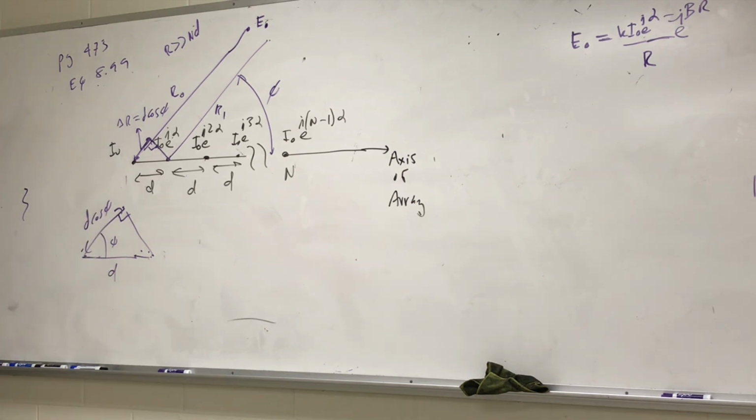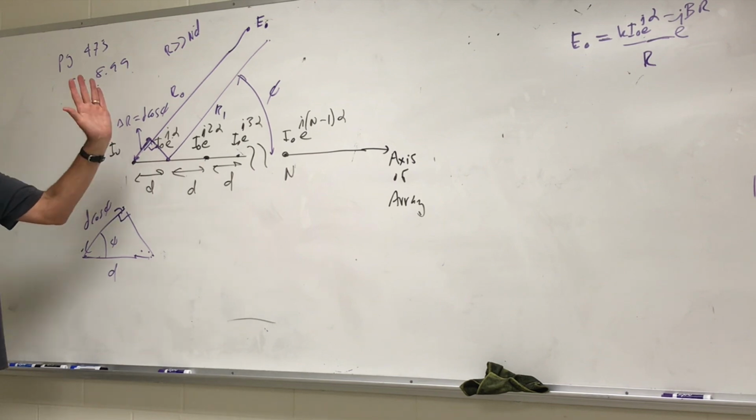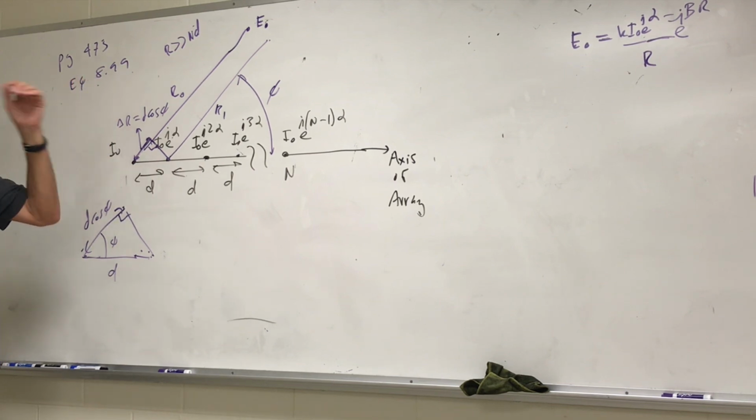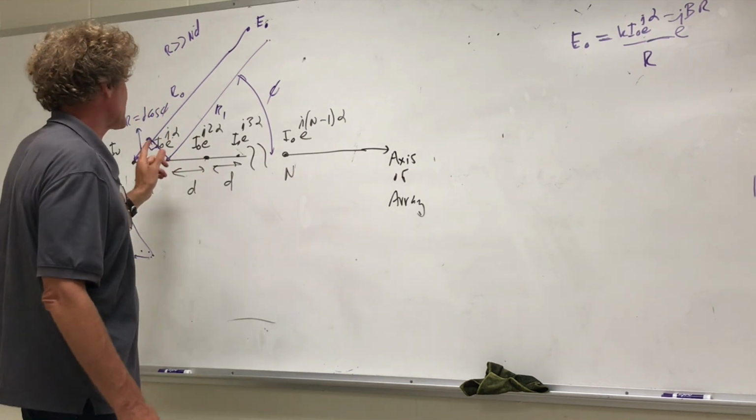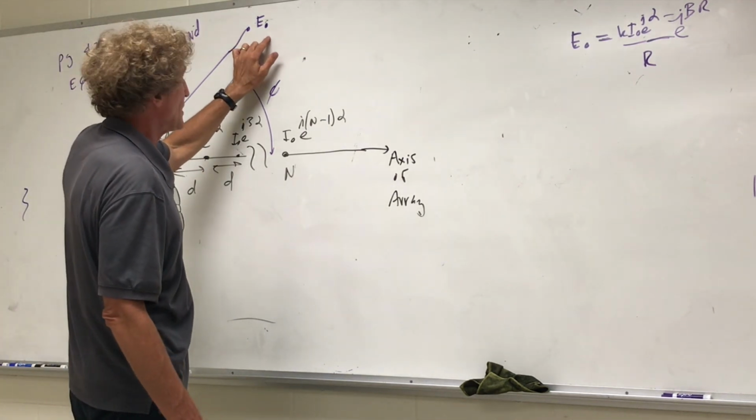And here's your check on this. What would the distance difference be if phi is 0? Cosine of 0 is 1, it's D. What about if it's broadside? Cosine of 90 is 0, right? Yeah, that makes sense.